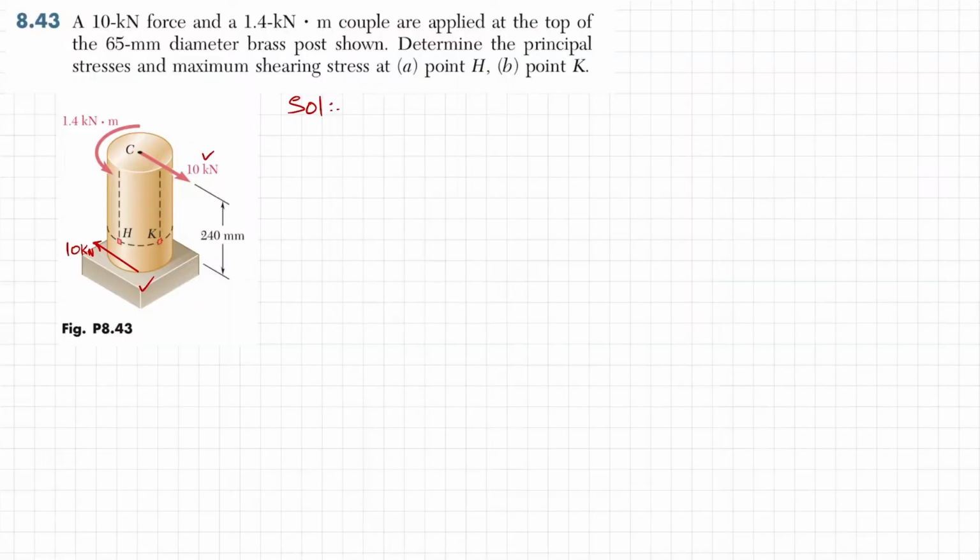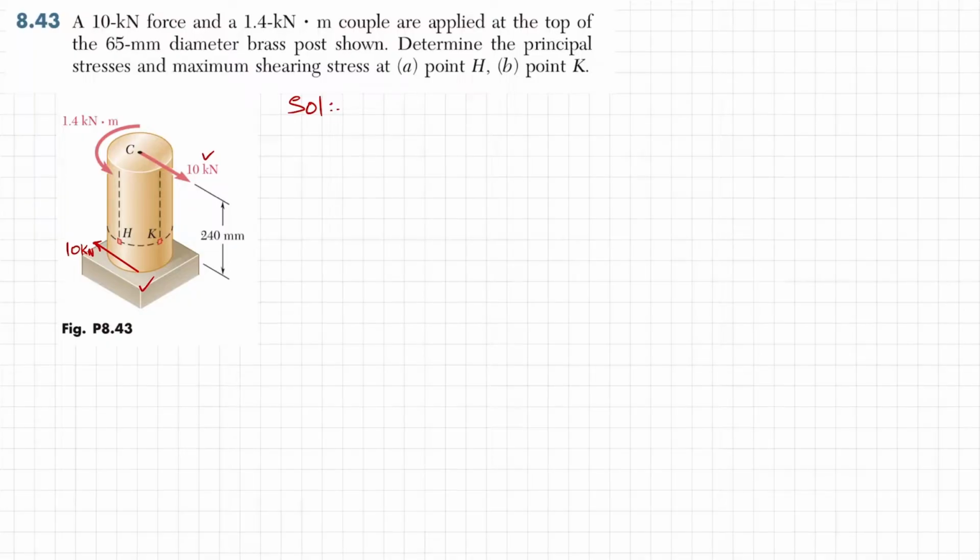Due to the perpendicular distance, it will cause this brass post to bend. So definitely there will be a bending moment, and that bending moment will be in this direction. Clear? I will write this.